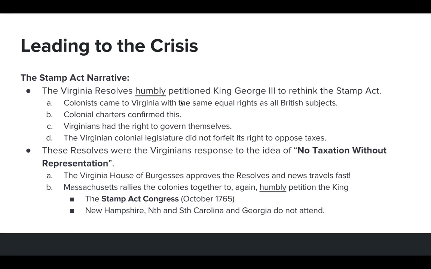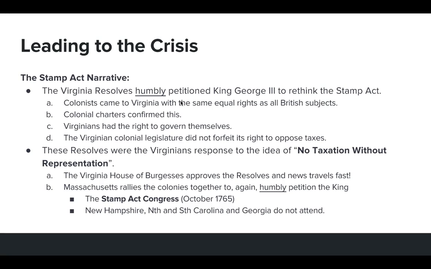The news travelled fast, firstly to Rhode Island, and then from Rhode Island to Massachusetts, where the Sons of Liberty were. Massachusetts then rallies a lot of the other colonies together and again humbly petitions the king for the same reason. And that introduces the Stamp Act Congress in October 1765, where all the colonies gather except for New Hampshire, North and South Carolina, and Georgia.